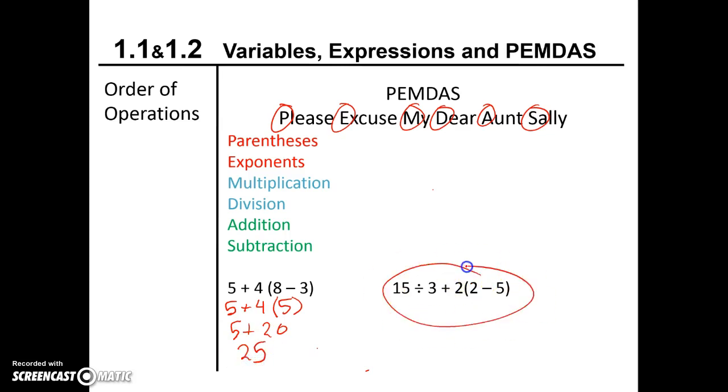How about on our second one over here? We could go through and say, oh, we should start off with division, right? But no, notice there is a parentheses we need to worry about first. So I'm going to write down the whole thing again, 15 divided by 3 plus 2 times 2 minus 5, which is negative 3.